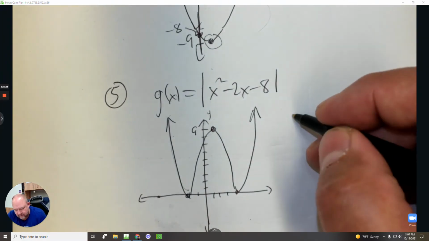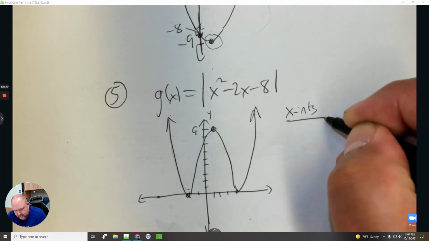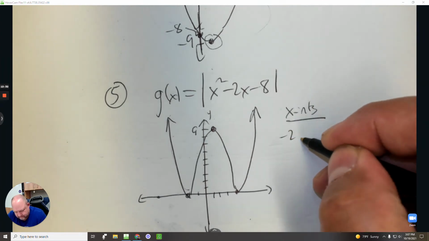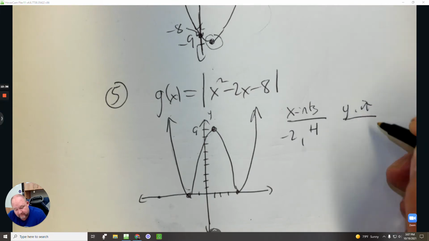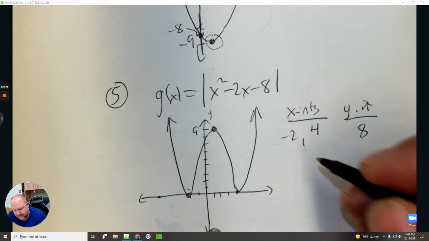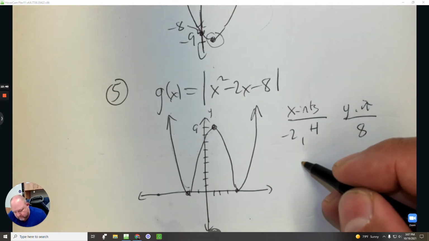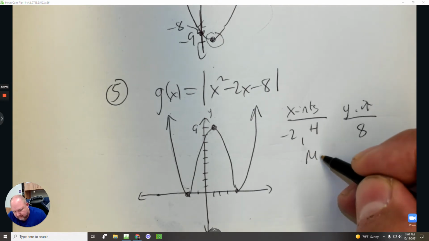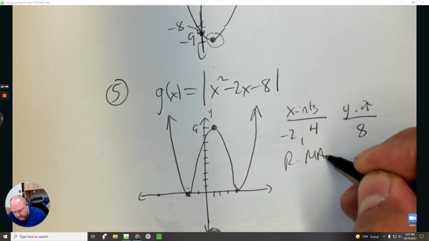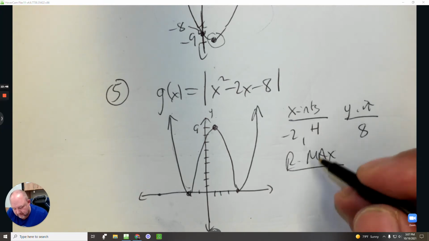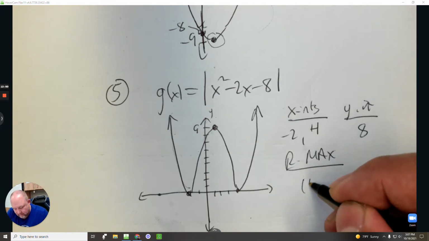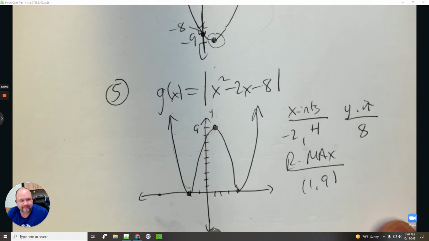If I asked for the intercepts, they stayed the same. The y-intercept changed. It's now positive 8. And the minimum has now become a relative maximum. It's not even an absolute now because of the reflection. So there's a relative maximum at 1, 9 in terms of a point.